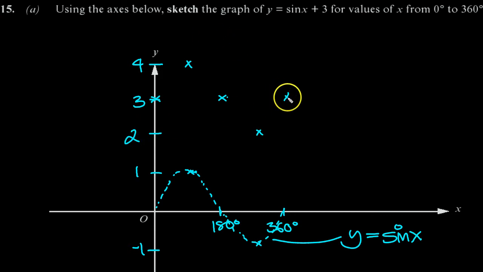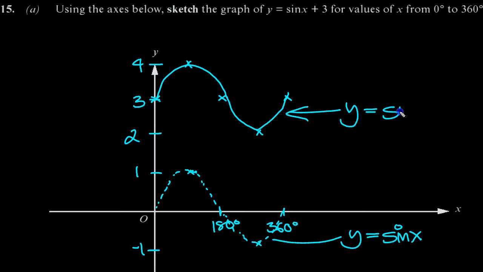So I'm going to try and sketch that now with a solid pen, as best I can with a digital pen, like so. And this is y equals sine x plus 3 units. So now we've drawn that, we can just tidy this up.